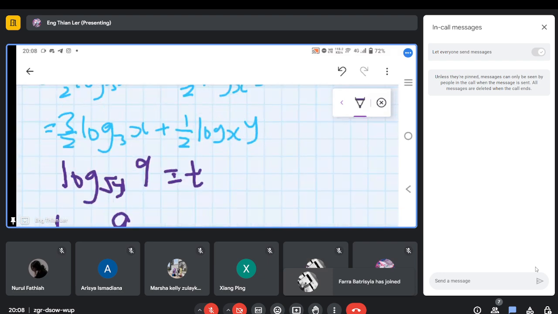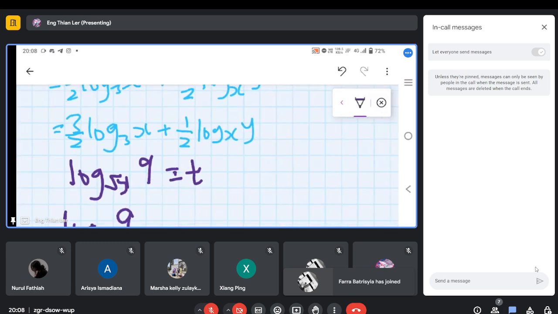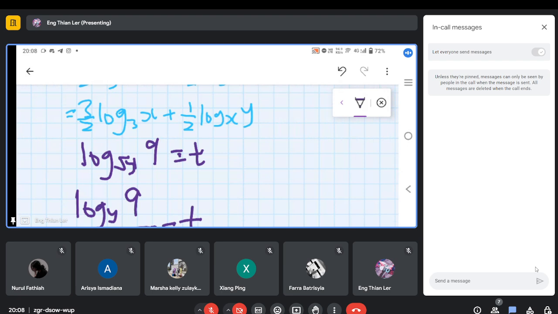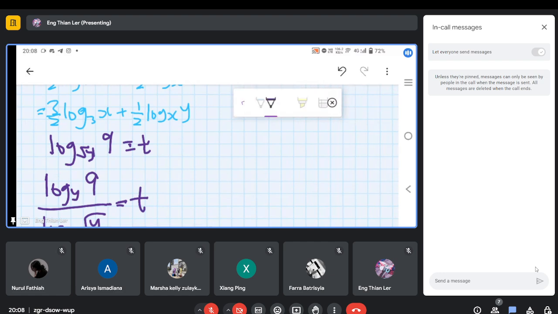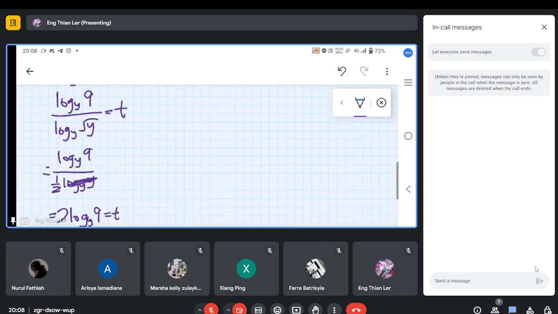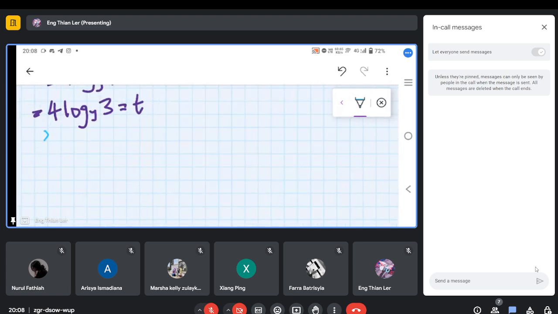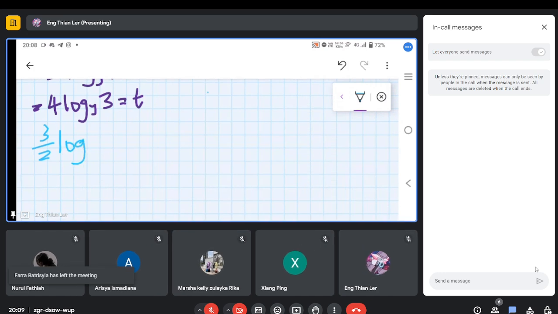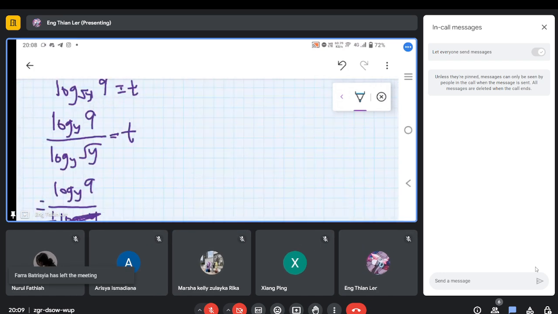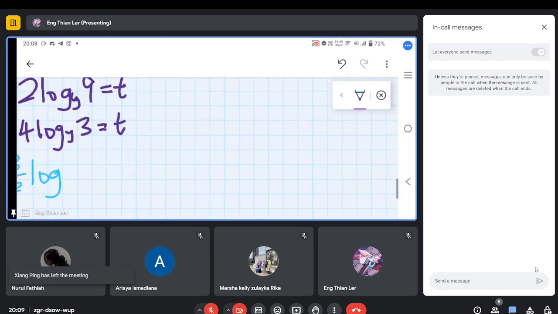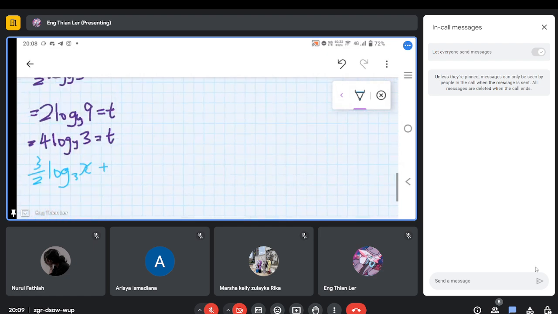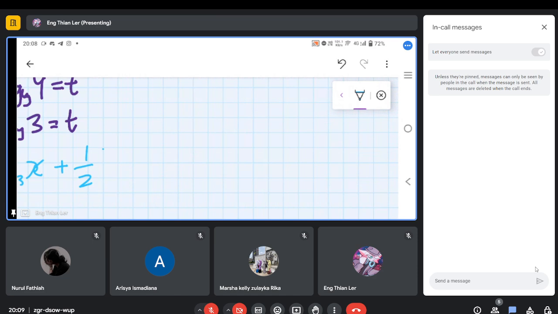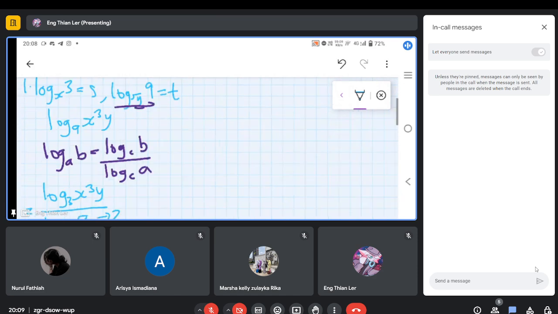Okay, so now we have log 3x, plus 1 over 2 log y base x. So let's write that again: 3 over 2 log x base 3 plus 1 over 2 log y base x, right?